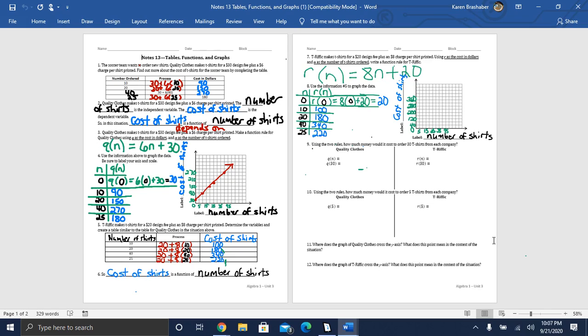So now we'll plot our points. Now, your first point is 0, 20. So 0, 20 is going to be on the axis halfway between the 0 and the 40. So 0, 20 is your first one. Your next one is 10 and 100. And so my line that's not labeled is 80.